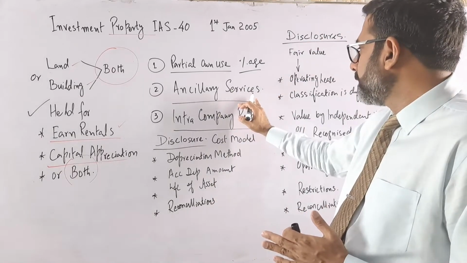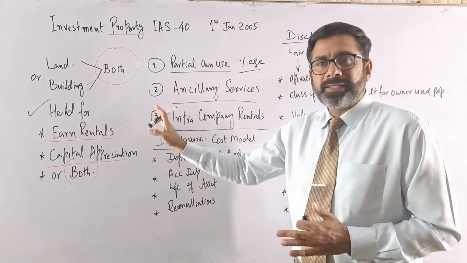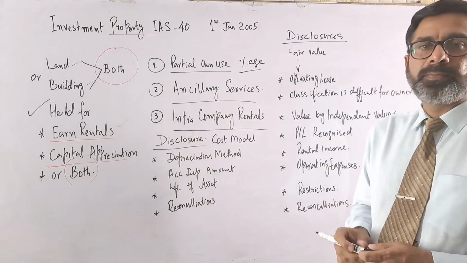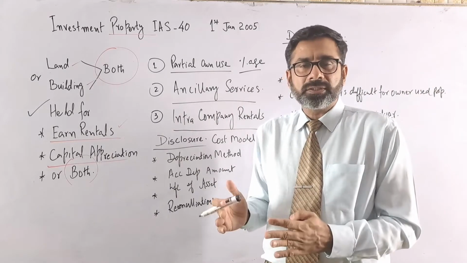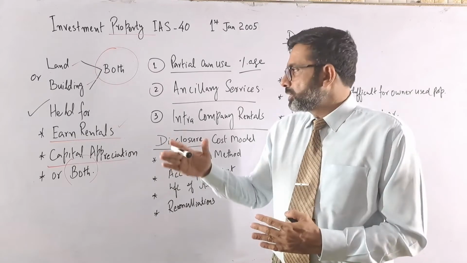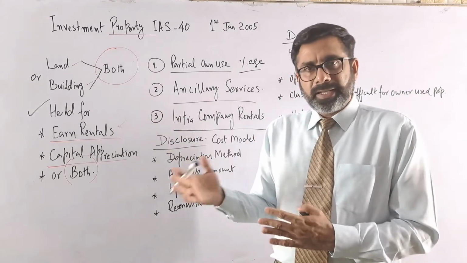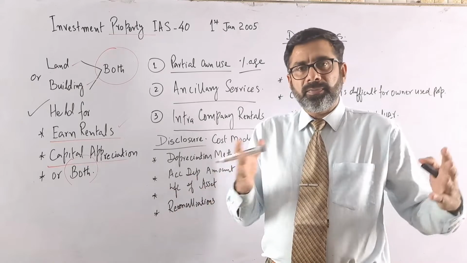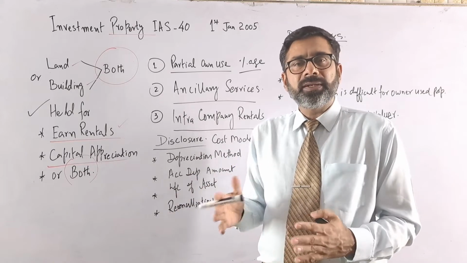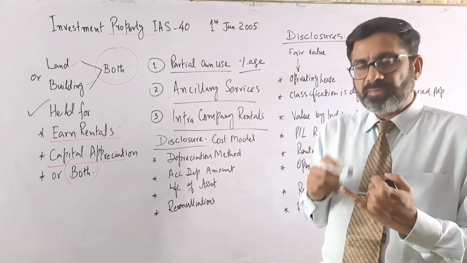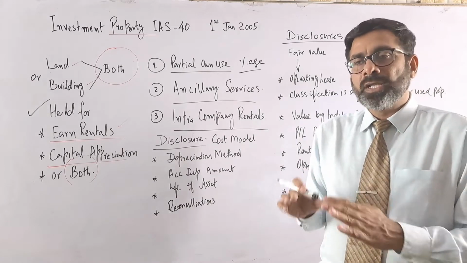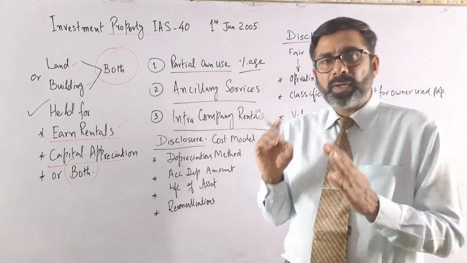The second thing that we have is ancillary services. For example, if they have a hotel or a hostel, where students or employed people are staying for rental purposes, but there are some other services, like electricity or water. Again we have to see the percentage.